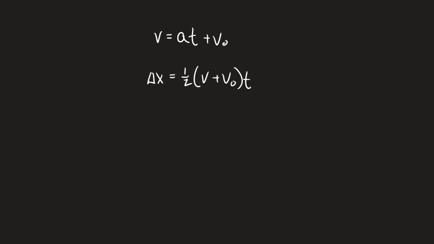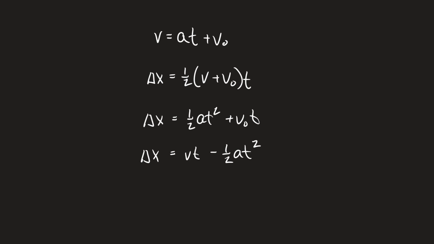And then we built out a whole bunch of motion equations that were based on doing mathematical substitution. But it was all from algebra. And again, this was based on an assumption that our acceleration was always constant.